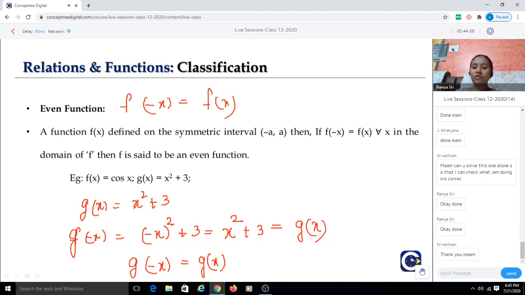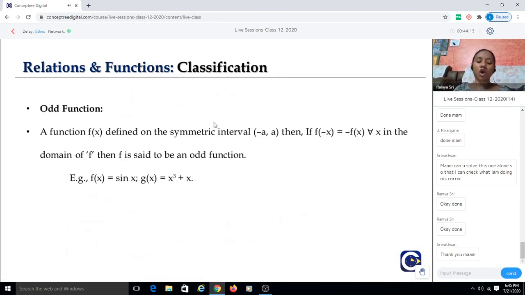Just as we have an even function, we will have the opposite of it, which is called an odd function. The condition we have seen for the even function is quite opposite for the odd function, though the starting method is the same.